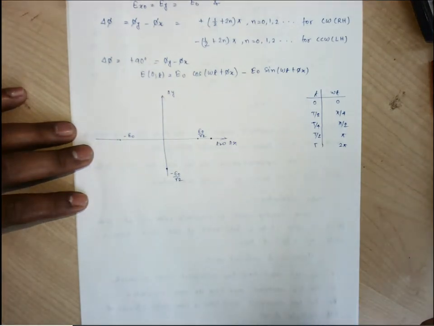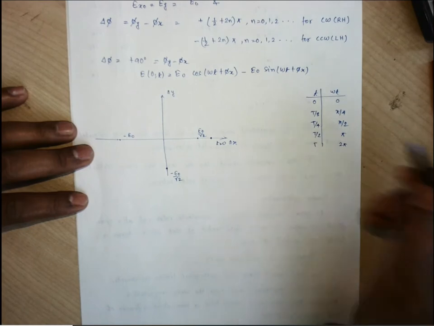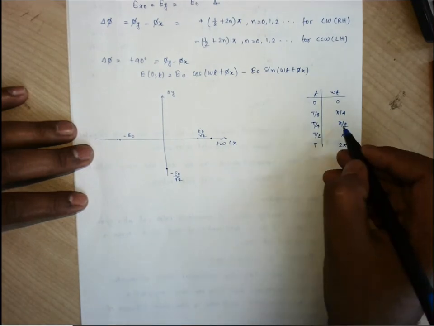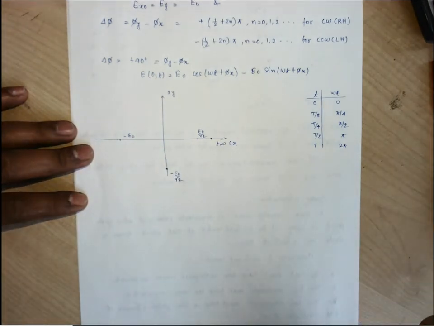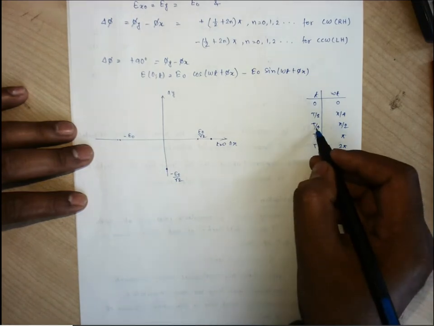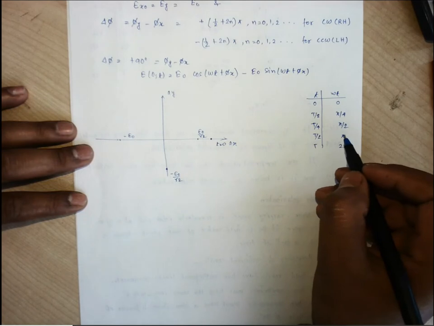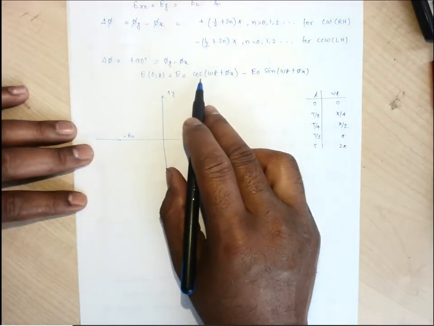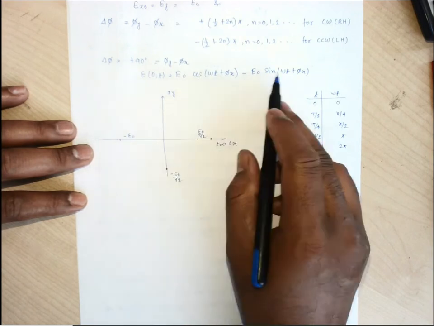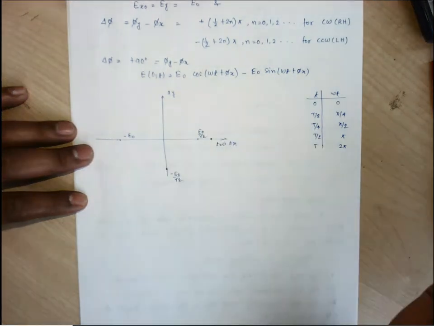If we take T by 4, we missed this one. If we take T by 4, that is pi by 2, then cos pi by 2 is 0, sin pi by 2 is 1, so it is minus of E0.